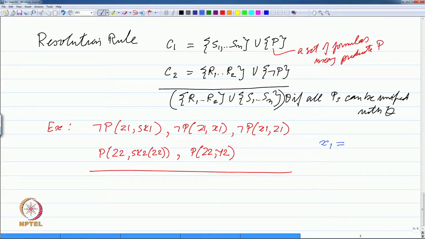x1 becomes equal to sk1, that is allowed because it is a constant. Then z1 is also sk1, so our goal is that because this z1 and this x1 and this sk1 we want to unify, they will all become the same. So, in the first clause the 3 parts will become identical.